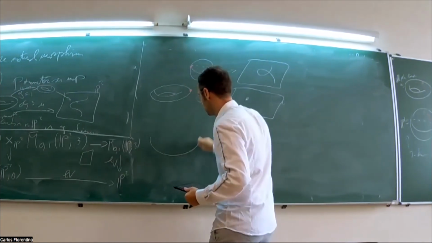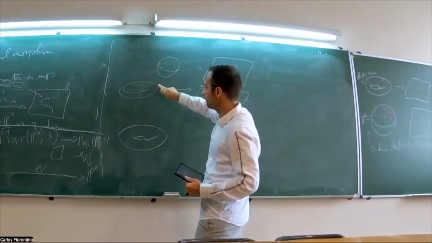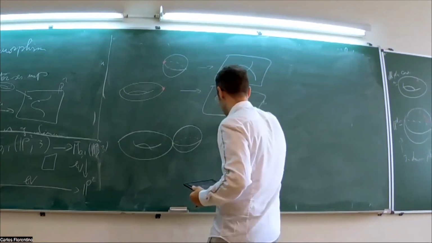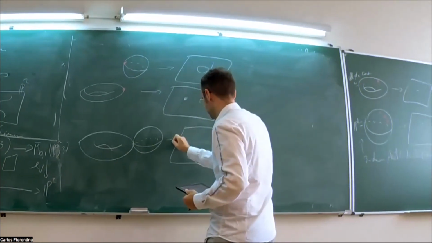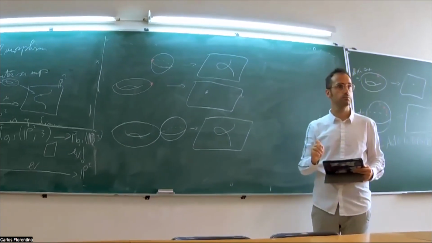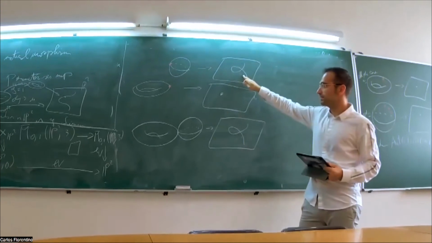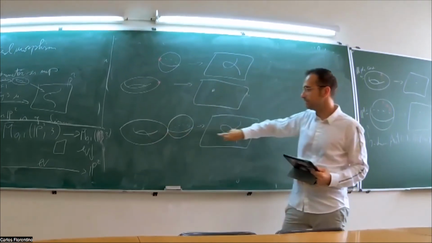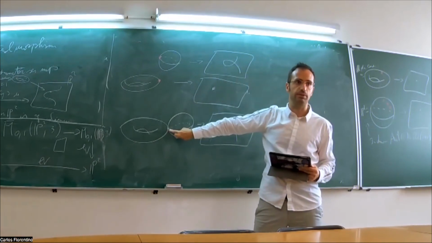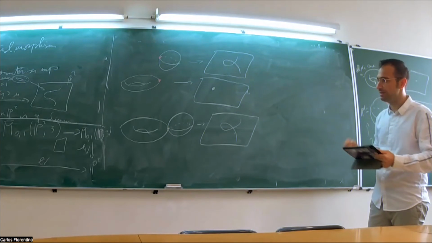I glue them at the marked point. So this is contracted, and I glue them on the marked point, then construct this space. What's the dimension of this space?